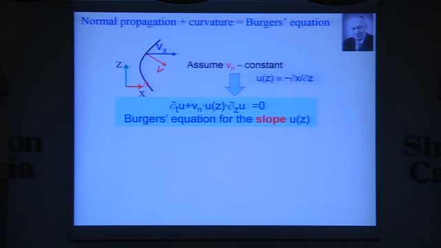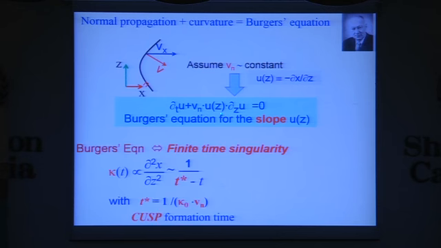Now, what do we know about the Burgers equation? We know that it develops an infinite curvature in a finite time. That's called a finite time singularity. If we start with some initial curvature of the crack front and wait long enough, a cusp will form in finite time. The time we have to wait is given by the initial curvature of the crack front and the normal velocity.